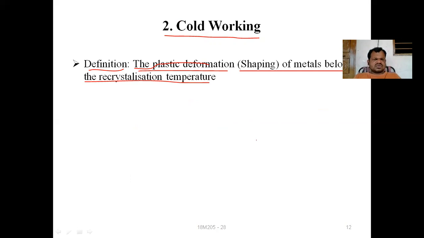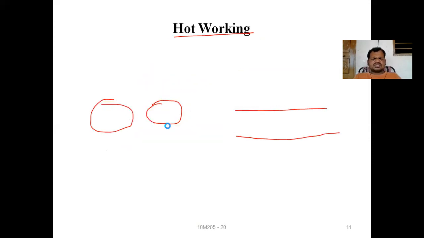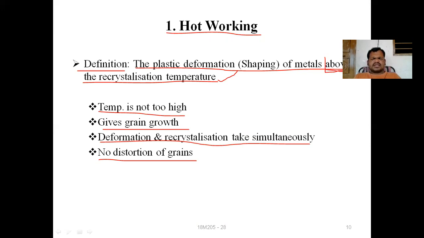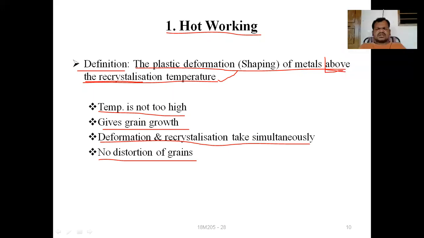In cold working the temperature is below the recrystallization temperature, and in hot working it is above it.